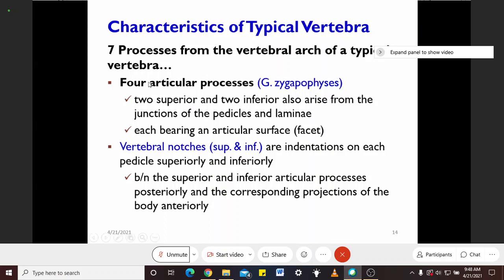And those articular processes also determine the movements that occur in the regions.